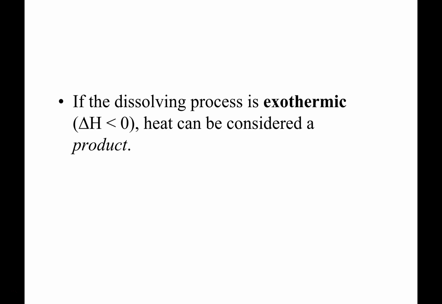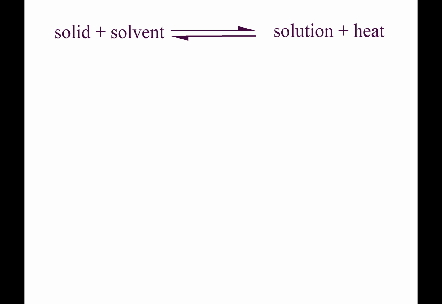It's exothermic. Well, Le Chatelet's principle is about pushing and pulling. So if I put heat on the product side, and I heat it up, I'm going to push it now. If I heat it up, can you see that if I push it, I'm going to get my solid solute back.